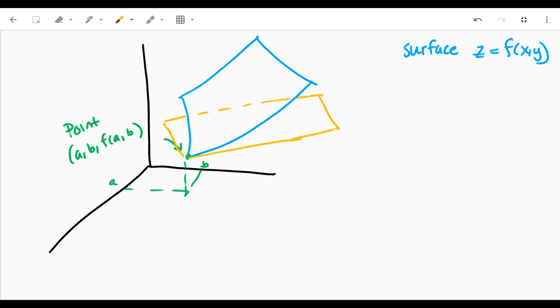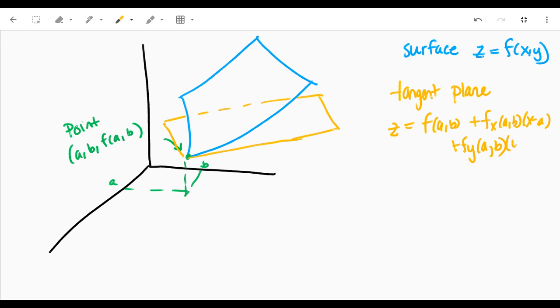So it's not going through the plane. So we're going to have a tangent plane, z equals f of A, B plus the partial in x at A, B times x minus a, plus the partial in y at A, B times y minus b. So that's the equation of your tangent plane.